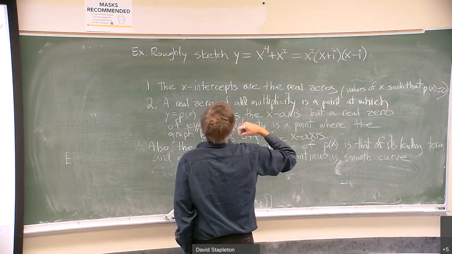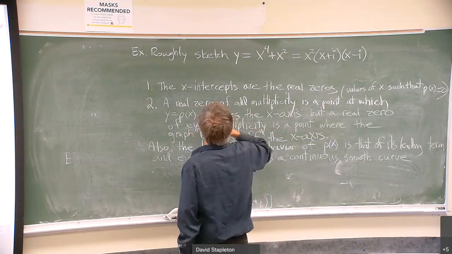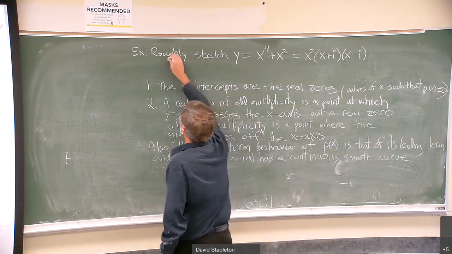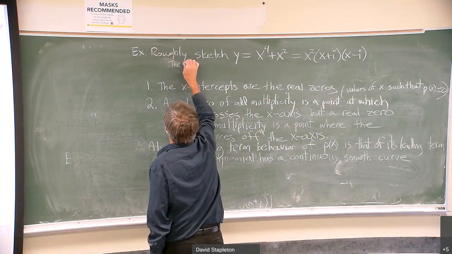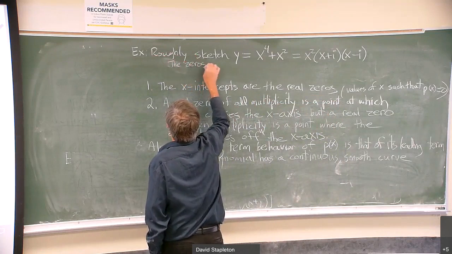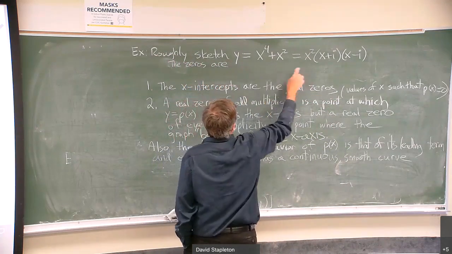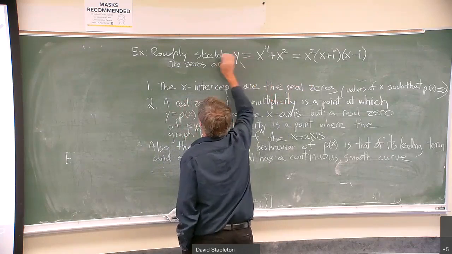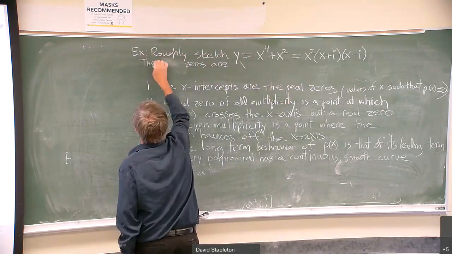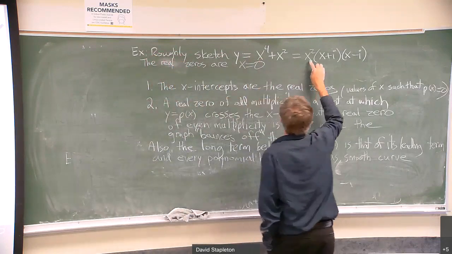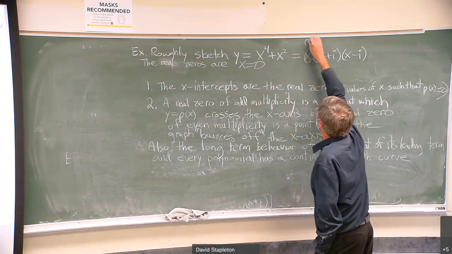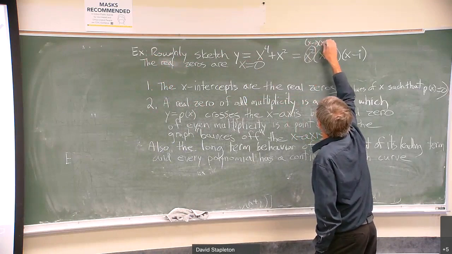All right, so roughly sketch this. We can do step one. What are the x-intercepts? Well, let's say first the zeros are values of x that make this equal to 0. I should say the real zeros are simply x equals 0. It's a zero of multiplicity 2, because you have x minus 0 times x minus 0 if you multiply it out.